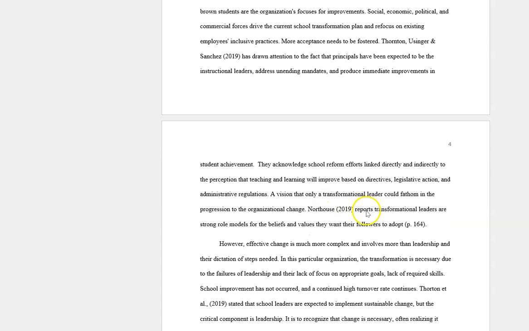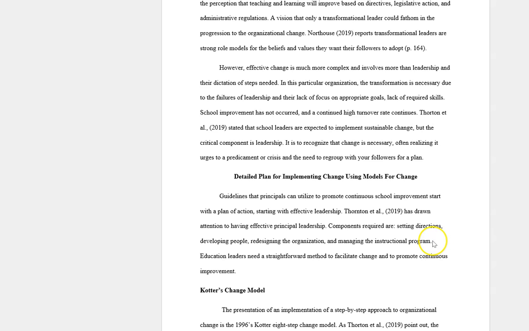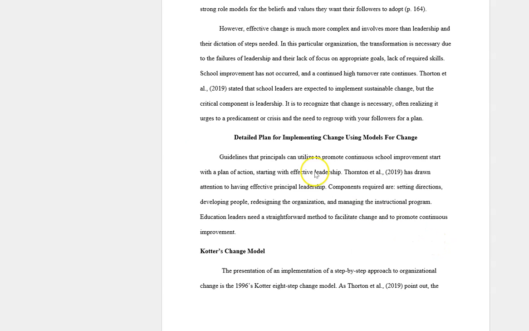This author did a pretty good job of integrating the literature as she unpacked what the paper was about and why it was important, or in theory, how to apply these concepts. So again, here's another level 1 heading, detailed plan for implementing change using models for change.